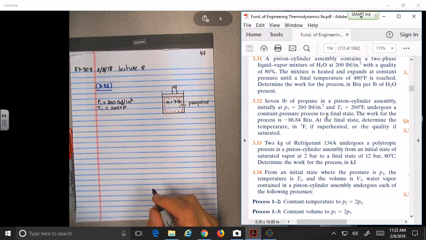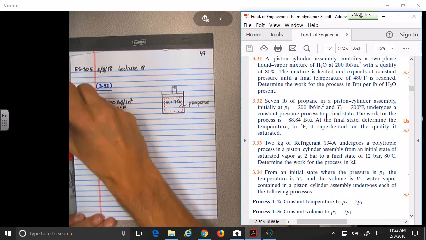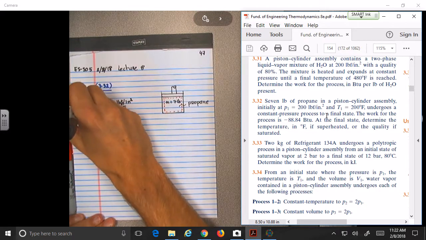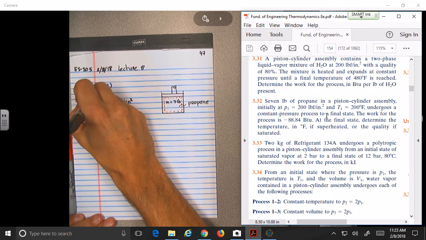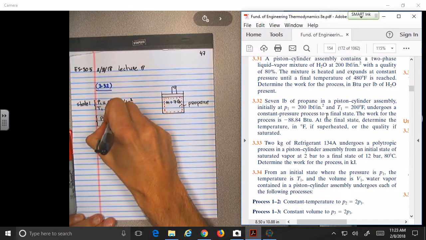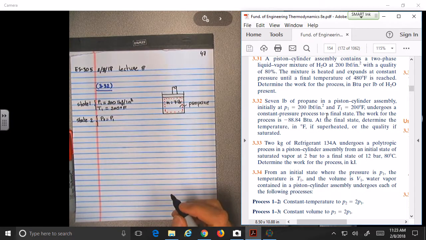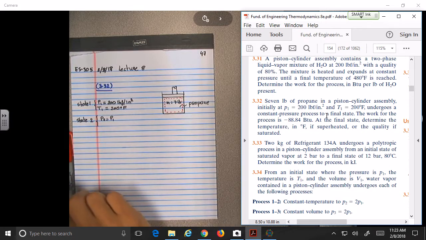I'm guessing the final state will be 2, no? State 1. I call my final state 2. I know it's a constant pressure process to a final state. The work of the process is minus 88.84. I think that's why we're doing this problem.